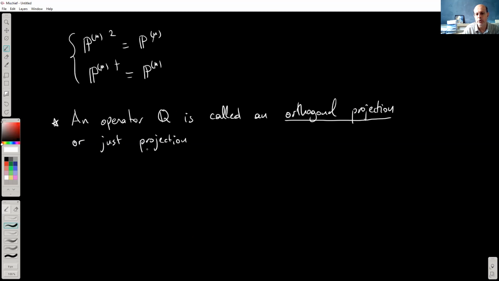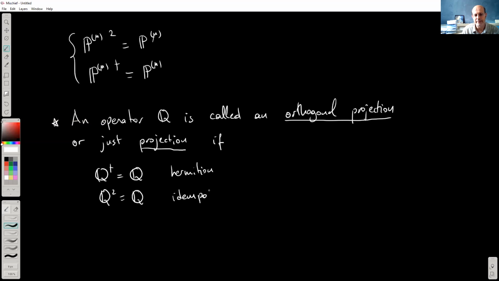Since in quantum mechanics we always work with orthogonal projections, people usually, for economy, just call them projection operators. Right? An operator is called an orthogonal projection or just projection if it satisfies these two properties. It is Hermitian, so Q dagger is equal to Q, and it's idempotent, so Q squared is equal to Q. Idempotent.